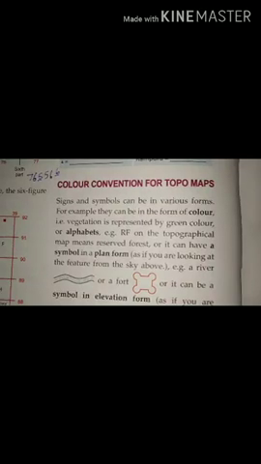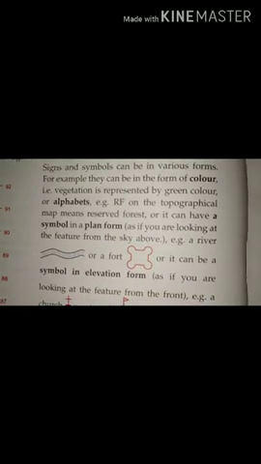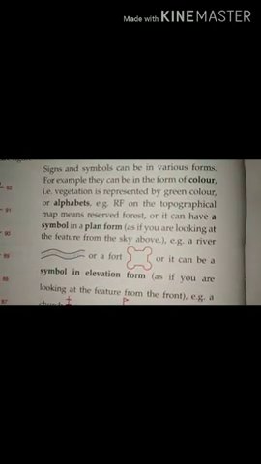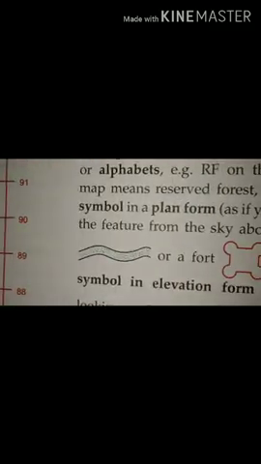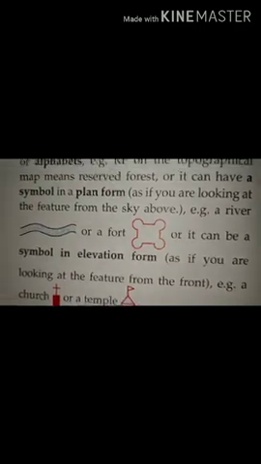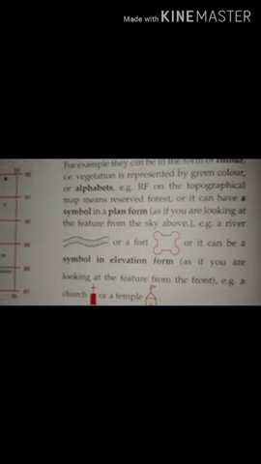Or it can have a symbol in plan form, like the example given here, a river. See how a river is shown on a topo sheet. Or it can be a symbol in elevation form, as if you are looking at the feature from the front, for example a church or a temple. See how a church and a temple are shown on a topo sheet.